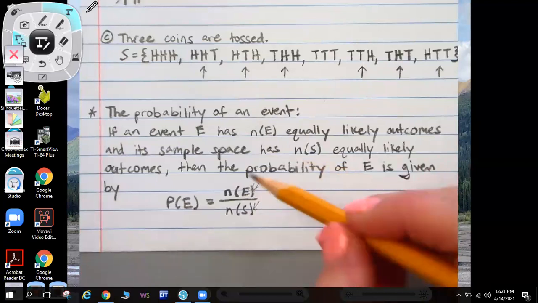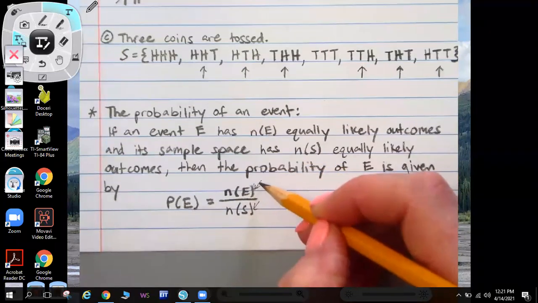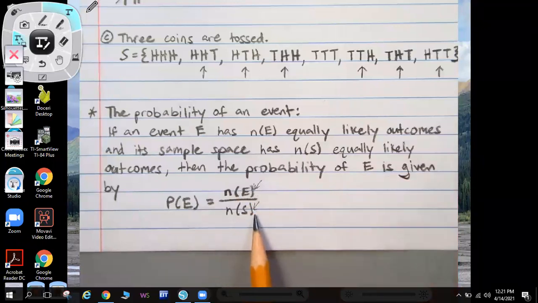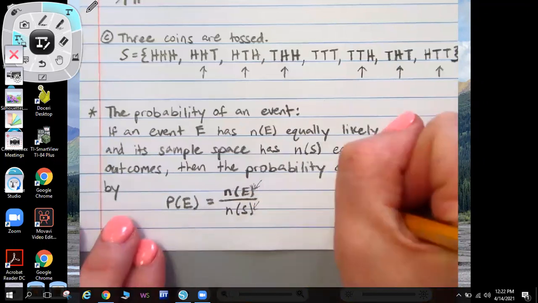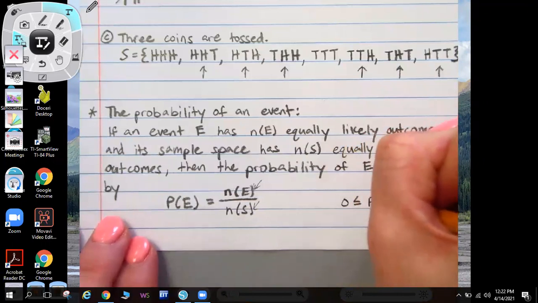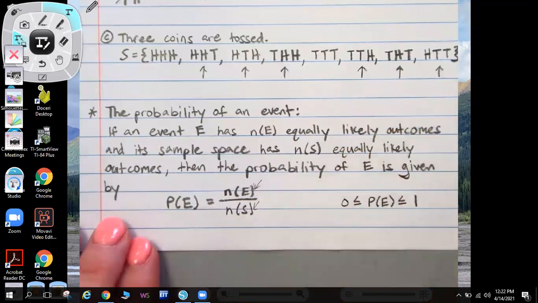So the number of chances that we have for something to happen is always going to be less than the number of total possible outcomes, which means this fraction is always going to end up being between 0 and 1. So probability is always going to be between 0 and 1, or from 0 to 1. It could also be 0 or 1, or anything in between. So it could be a fraction, it could be a decimal, or a percentage.